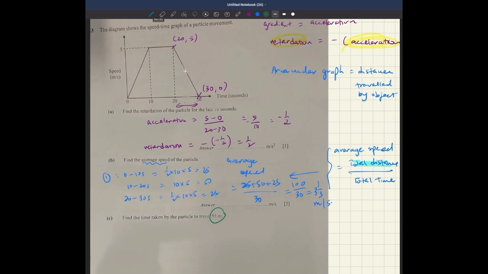So if that's the situation, then I can identify a point in the third area. So I'll call this S and then this T. This point will be T comma S. Then I will draw this triangle out over here. Then I label this part as capital T. This part here.